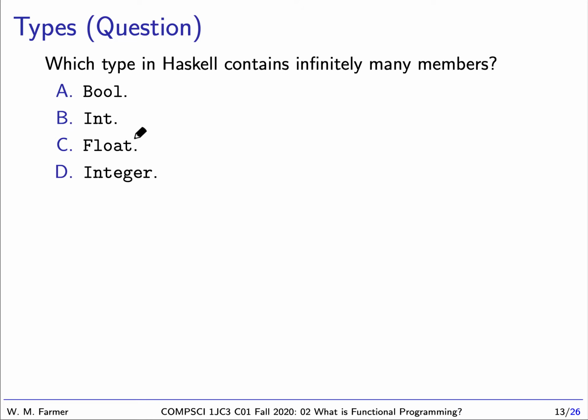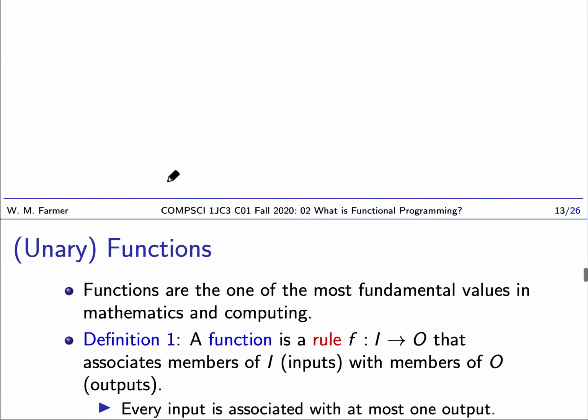So let's say it's n bits. If it's n bits, then we can represent at most 2 to the n integers, or at most 2 to the n rational numbers. So that leaves D. D is a type integer. It's different from int because it represents the full set of all possible integers.